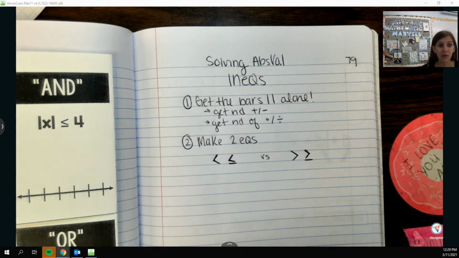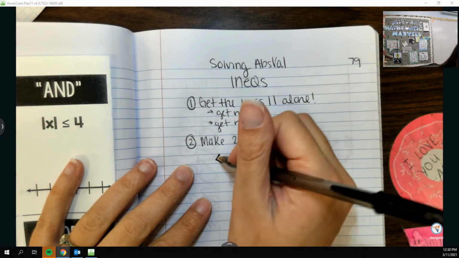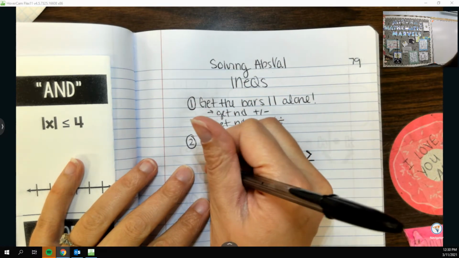We've done these before where if I'm looking at two inequalities and I'm solving them, then sometimes the lines come together and connect and I get an and inequality. Or sometimes the lines go opposite of each other, like one goes one way, one goes the other, and that's an or inequality.